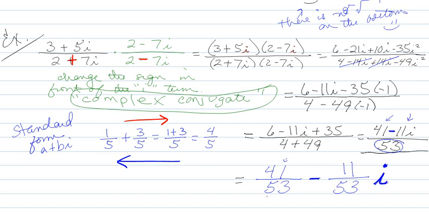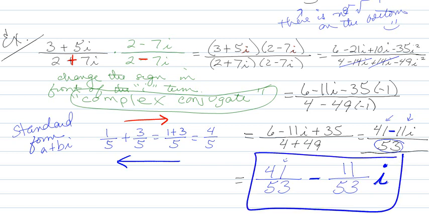So to put this in standard form, I've got 41/53 minus 11/53 I. So it's not pretty, but actually this is a far more suitable answer for a respectable young person like yourself to do these kind of problems. Again, if you don't put things in standard form, it's going to be frowned upon by the mathematical community, and you know what that means, so you definitely want to do it and make it look pretty.